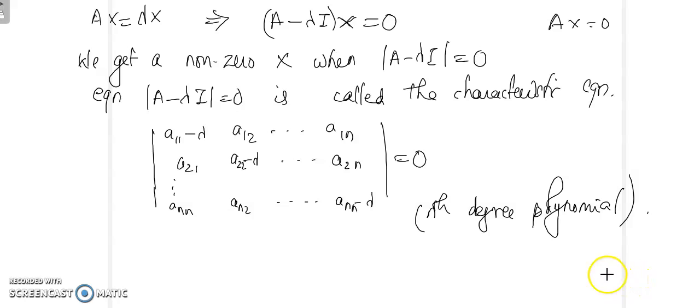And we will see a few theorems, a few results related to the eigenvalues.